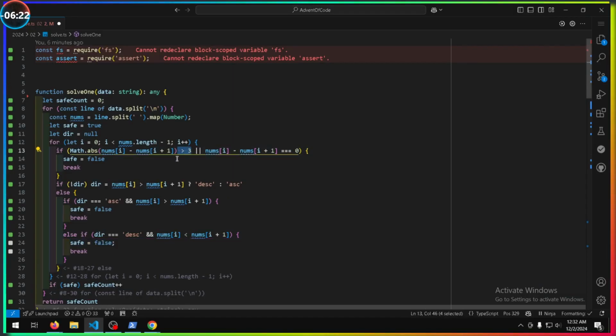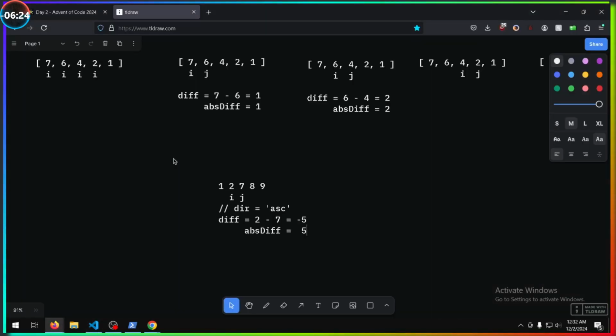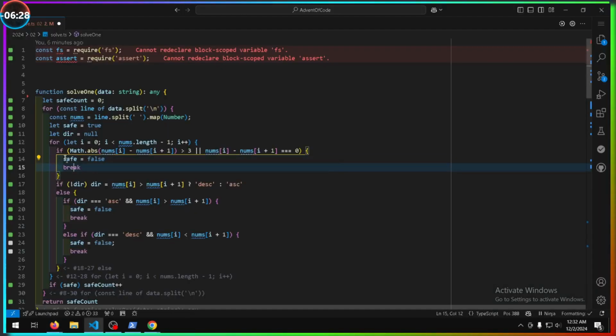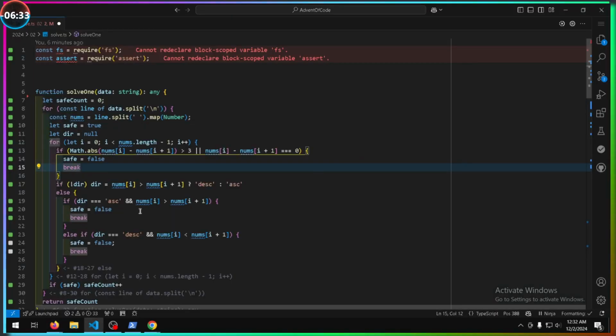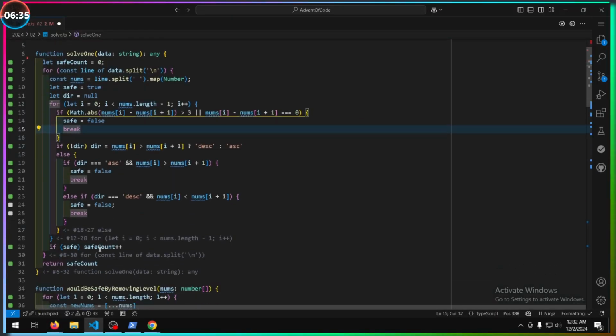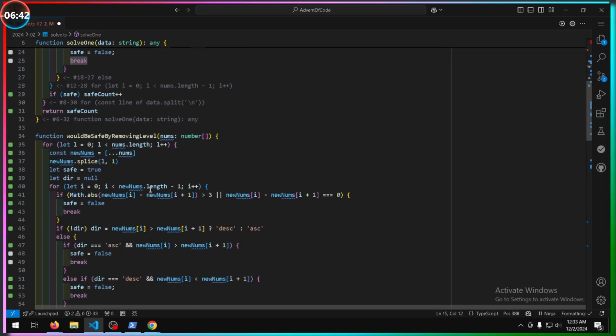It's greater than 3, so immediately it's not safe anymore, which causes us to say it's not safe and break the whole loop. And then if it's safe, we increase the count. So that's how our first function really works there.